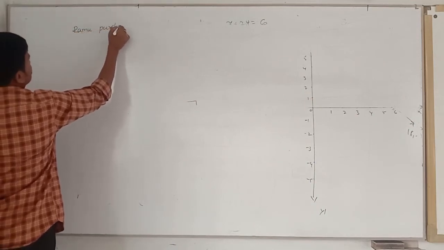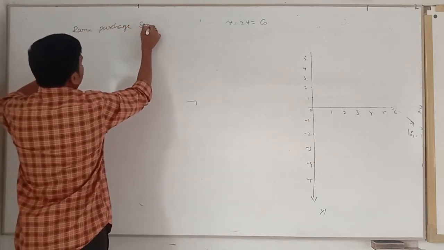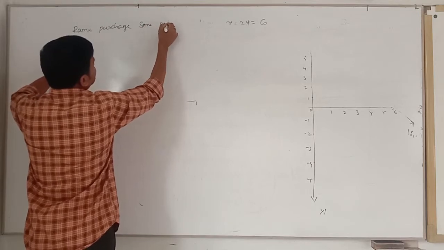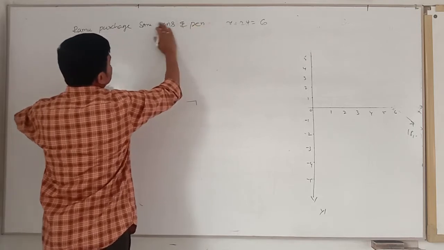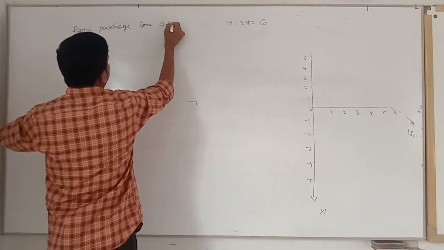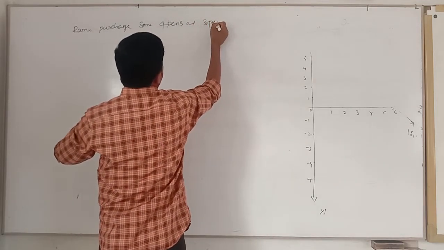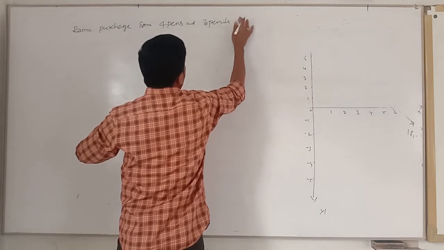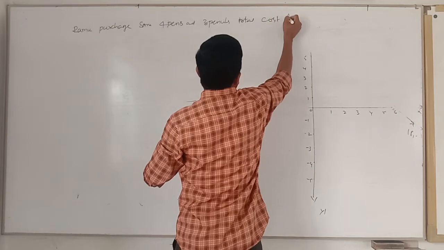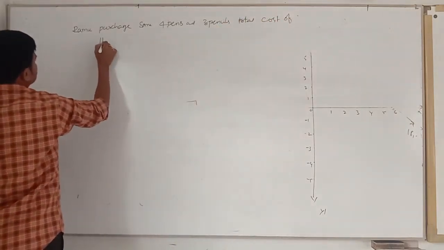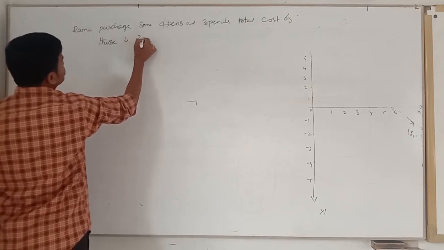Ramu purchased some pens and pencils. Pens and pencils. Or else, 4 pens and 3 pencils, and the total cost of those is rupees 12.